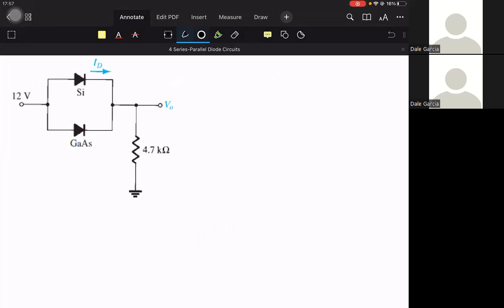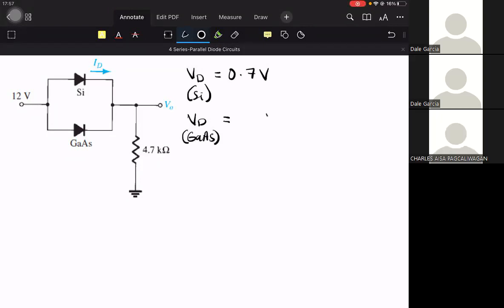Before we proceed, the diode voltage for silicon is 0.7. And how much ang diode voltage for gallium arsenide? 0.7 ang silicon.